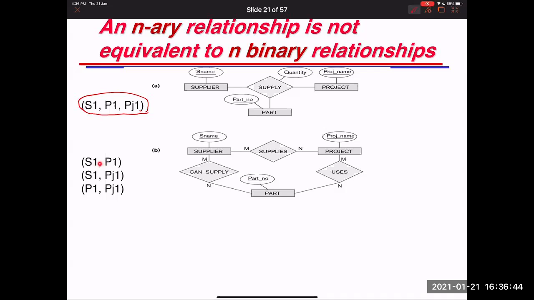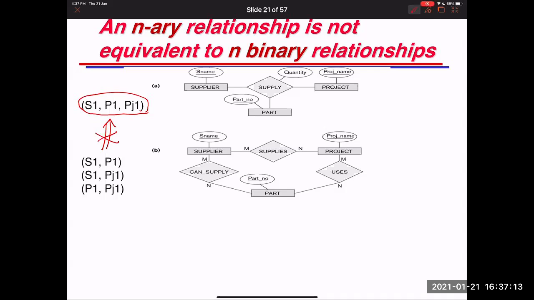So this is just some relationship between supplier and part. And this only tells us that this supplier S1 is a supplier for that project PJ1. And similarly, this here tells us that the part P1 is used in the project PJ1. But these three things here do not imply that this ternary relationship holds, right?